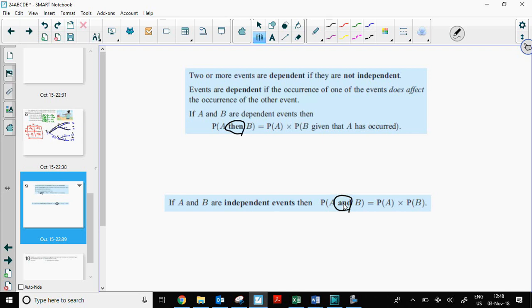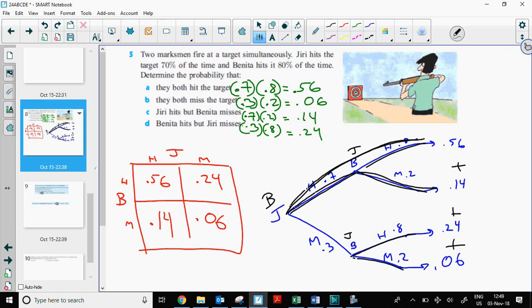It still means that two things are both happening, but it is very helpful with dependent situations to pretend that they're happening in a specific order. With independent events, it didn't matter. If we think about our sharpshooters, if we had said Jiri shoots first and then Benita shoots second, or vice versa, the numbers are all going to be the same.